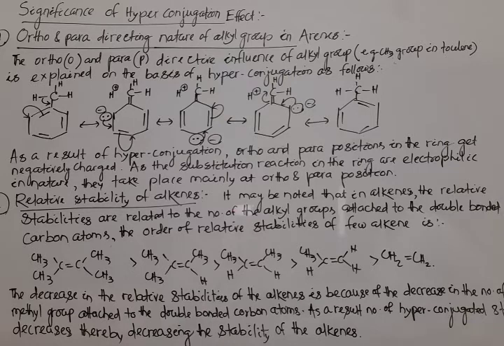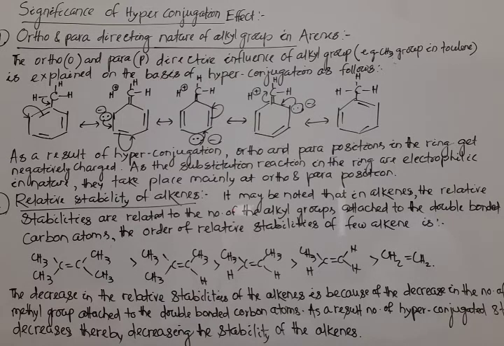The decrease in relative stability of the alkene is because of the decrease in the number of methyl groups attached to the doubly bonded carbon atoms.